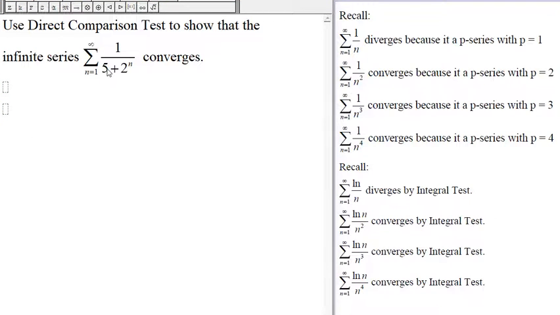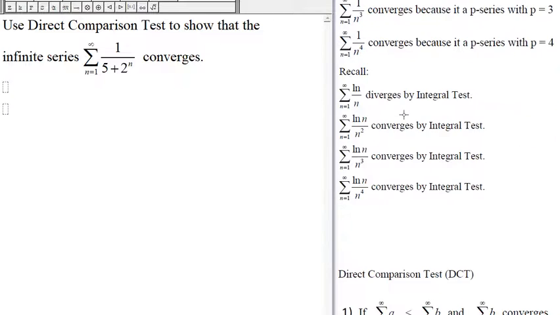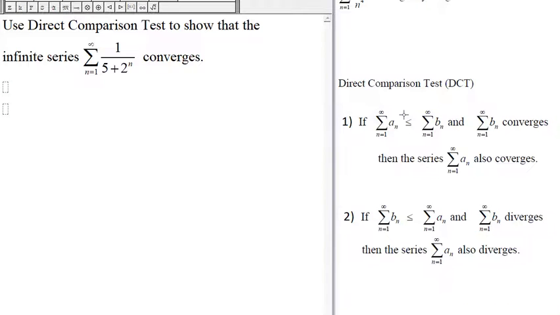We have the infinite series of 1 divided by 5 plus 2 to the n, and we want to use what's called the direct comparison test to show that this infinite series converges. The direct comparison test sometimes is also called the basic comparison test.